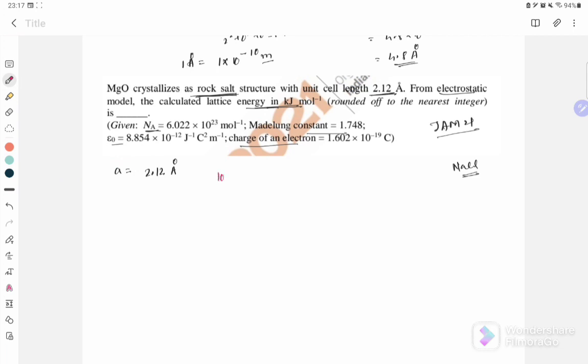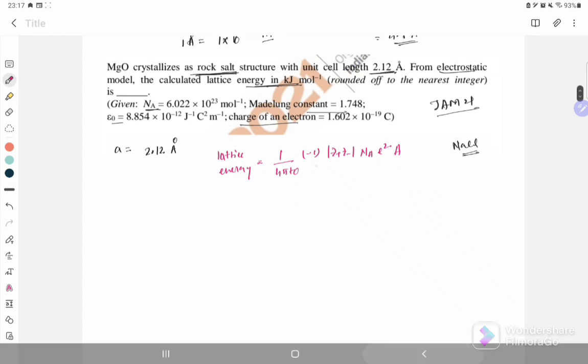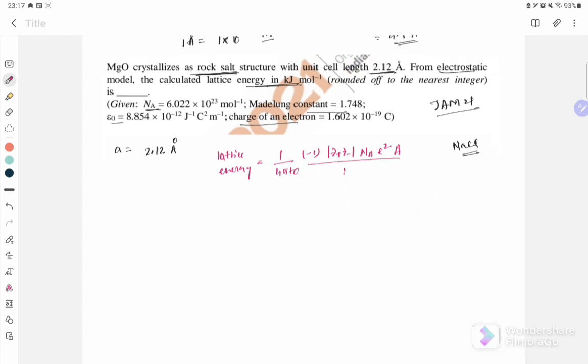We know the lattice energy, remember this equation, it is a very important equation: 1 by 4 pi epsilon naught, minus z plus z minus Na e square A by r, into 1 minus 1 by n. So this is our equation.